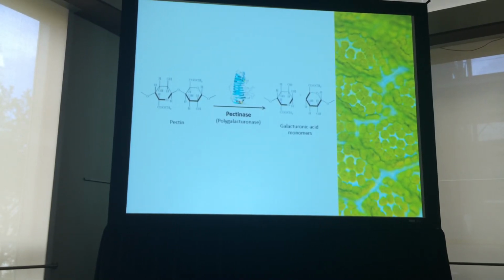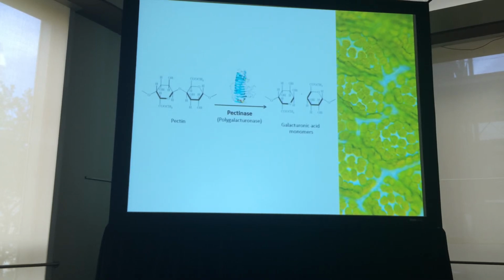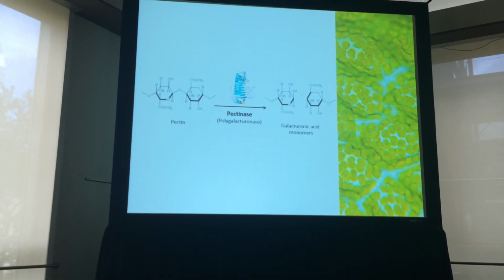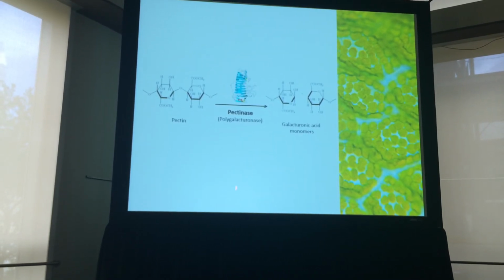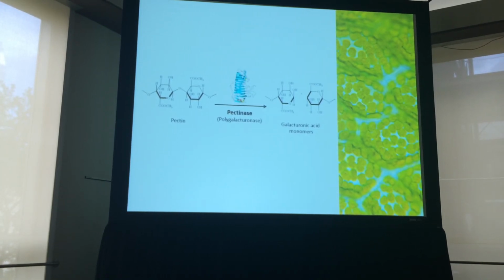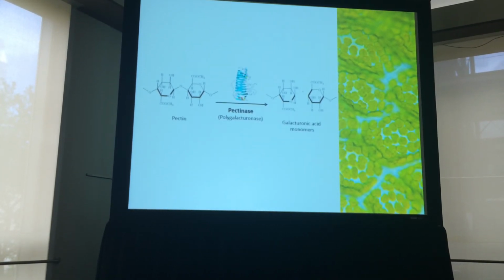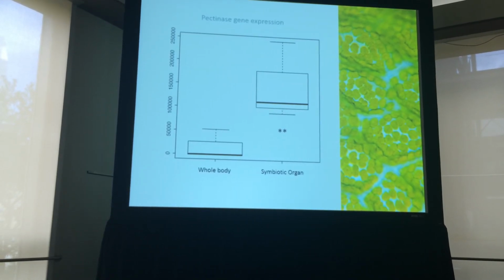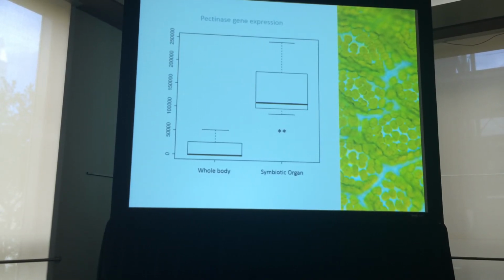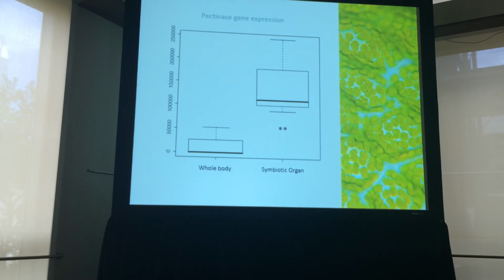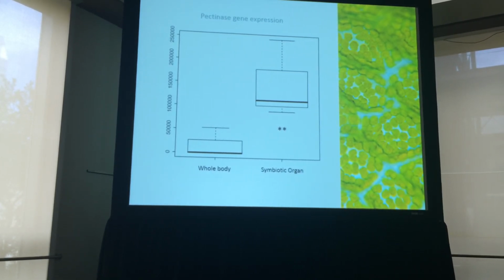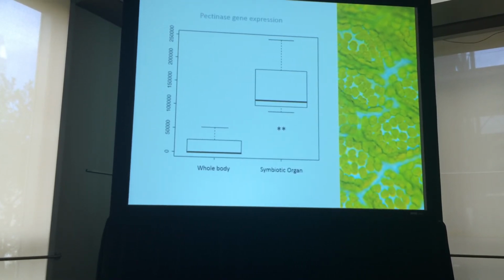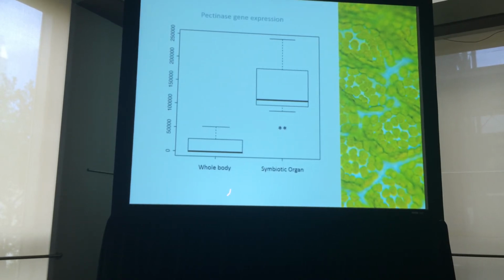And when we looked at the close relatives of our symbiont, we didn't find the enrichment or presence of this gene in any of the so-called symbiotic clade. And so we then wanted to ask globally, so the gene is enriched in the genome, but is it in fact expressed? And so we looked at the global transcriptome of the beetle, specifically the symbiotic organ, as well as the whole body.